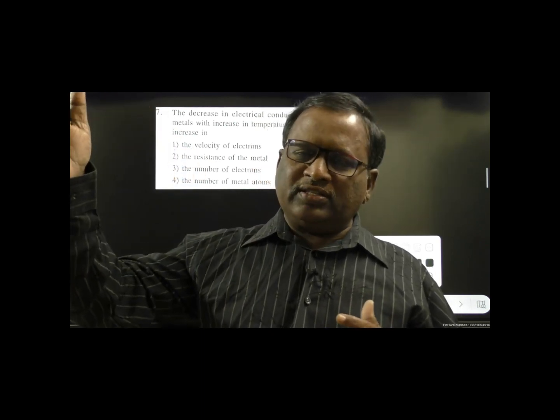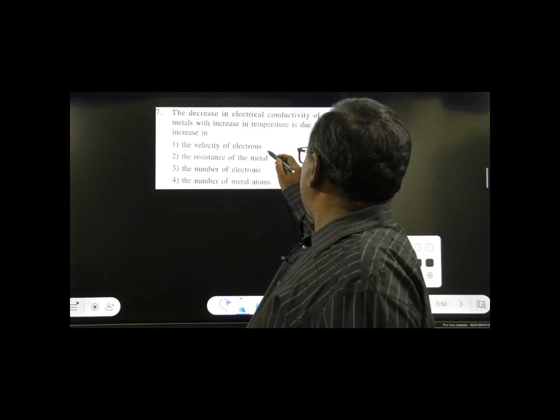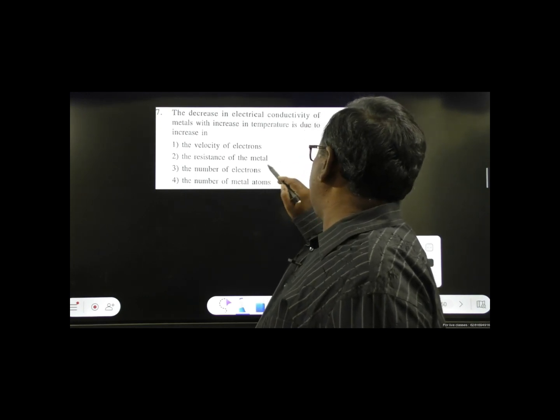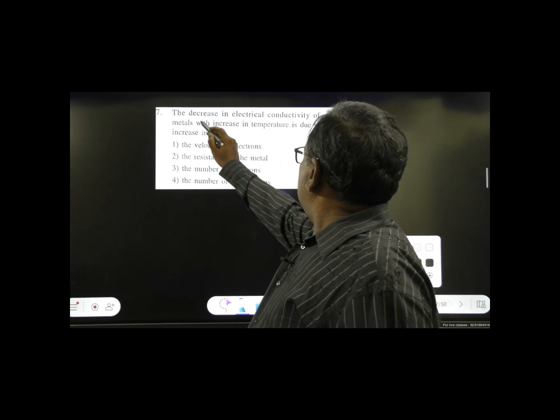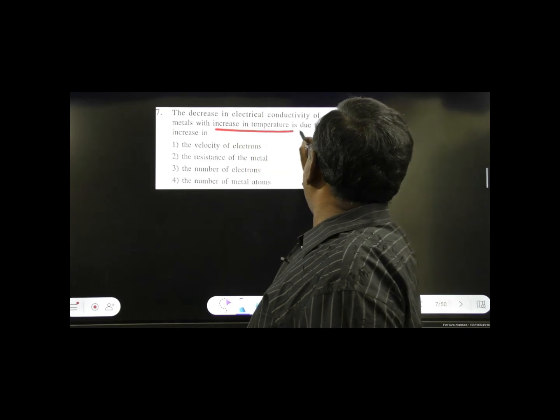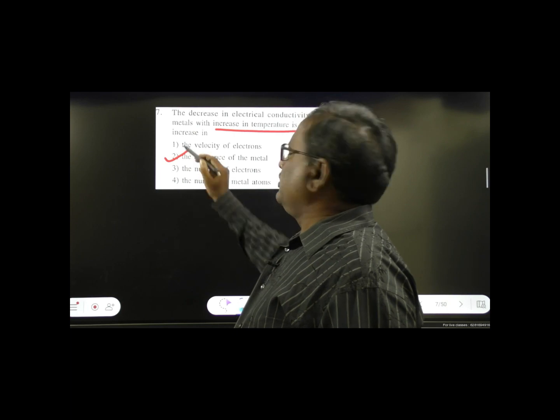So, increase of temperature increases resistance. Due to the increase of resistance, conductance will decrease, because conductance and resistance are reciprocals of one another. The options are: velocity of electrons, resistance of metal, number of electrons, number of metal atoms. So, the decrease in the electrical conductivity of metals with increase in temperature is due to increase in resistance of the metal.